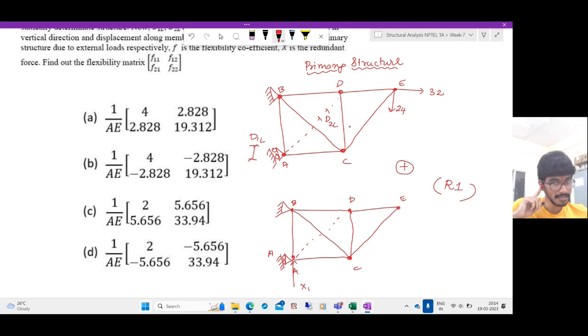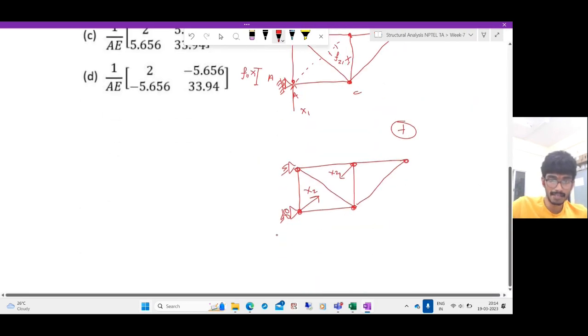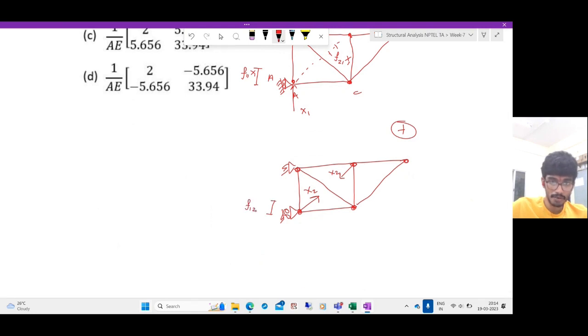In the second case, when you apply only the vertical reaction, it displaces by f11 x1, and the mismatch that occurs here will be f21 x1. So it is the displacement at point 2 due to a unit load applied at point 1. Here we have an upward displacement of f12 x2, and the mismatch that occurs here will be f22 x2.